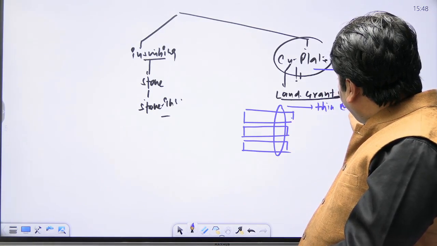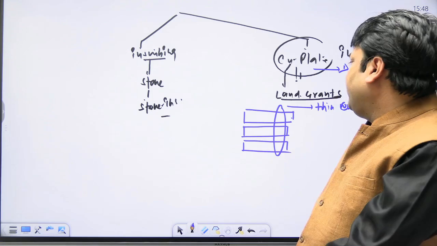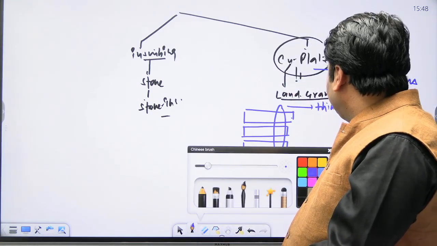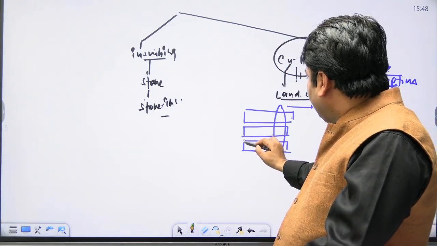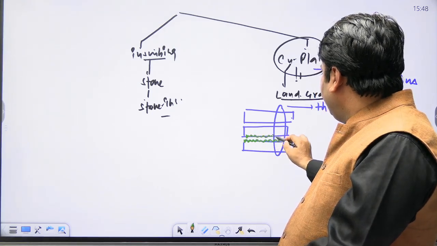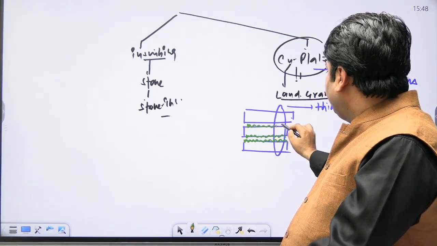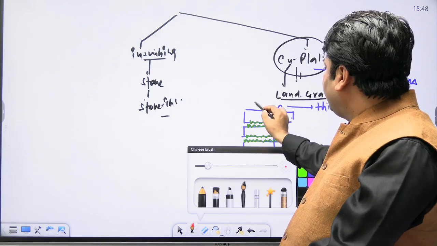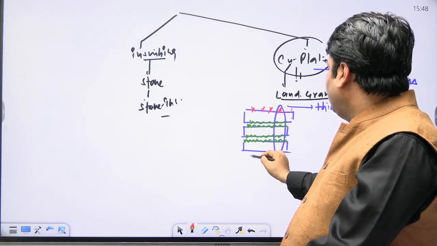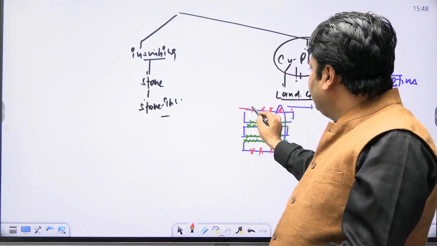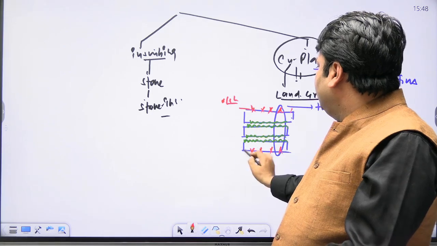You will find that there are writings on this part, this part, and this part. But on the uppermost part and the lowermost part of these three plates, there is no writing.